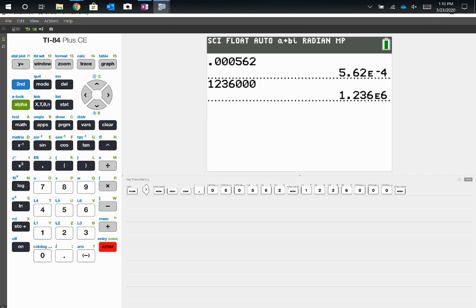If I wanted to add two numbers, always use parentheses for the scientific notation.